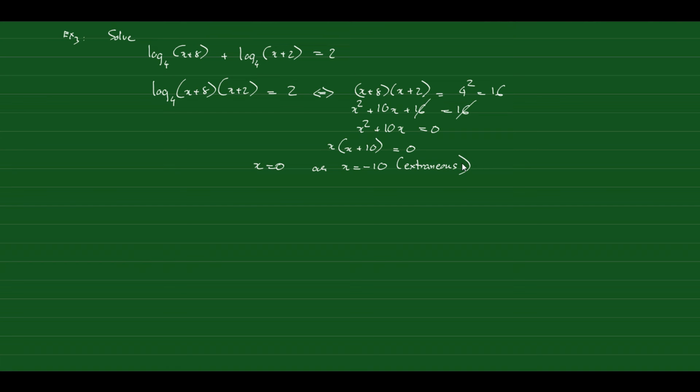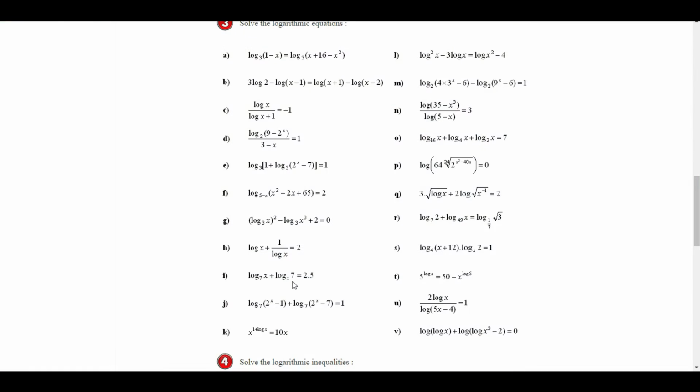Now, how about we do something harder? All of this is kind of easy, to be honest with you. It's not hard at all. It's very standard. All right, let's see.